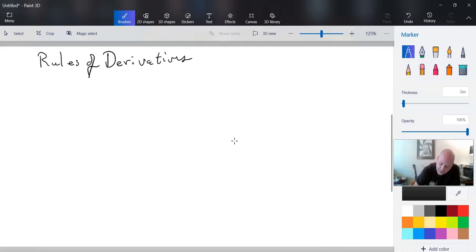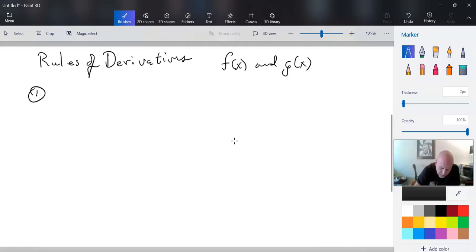So first of all, assume that f of x and g of x have derivatives, right? Not everything has a derivative. So assume these functions do have derivatives as we go.